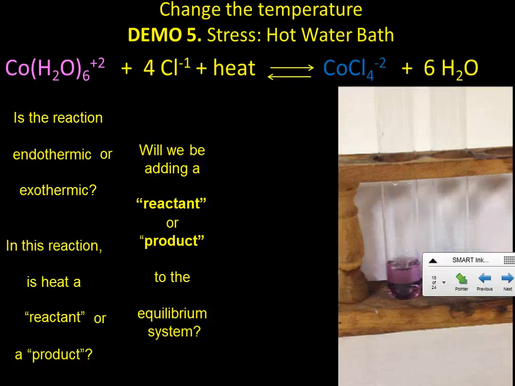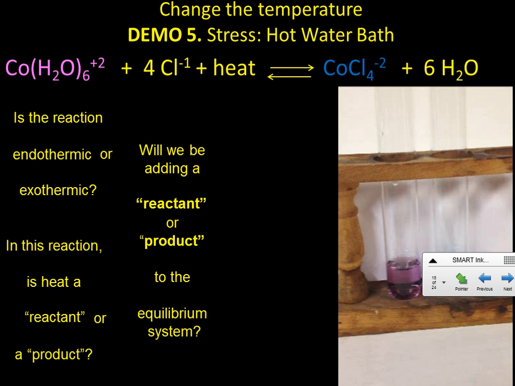When you see a heat term, whether it's the word heat or energy, or an actual quantity of energy on the left side of the equation, we know that equation is endothermic. So that means we're going to treat heat as a reactant, because the heat term is on the left side, and anything on the left side is a reactant.